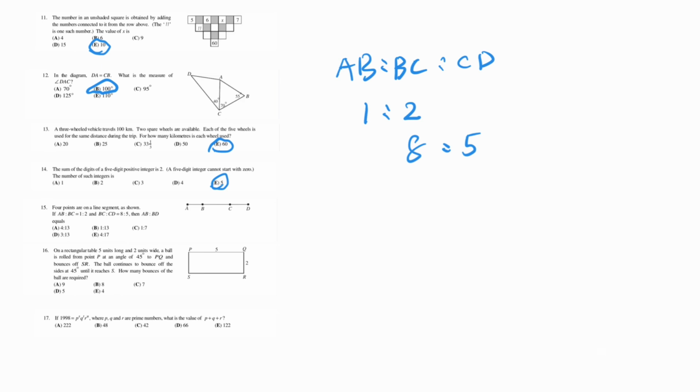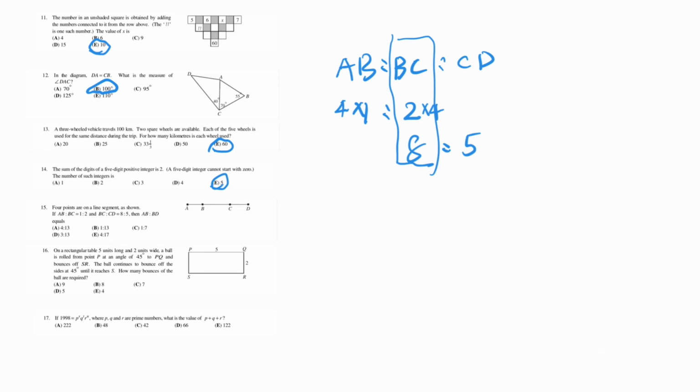So we already have the ratio here. In the first ratio, AB to BC is 1 to 2, and BC to CD is 8 to 5. I use the LCM to rewrite the BC. The first ratio times 4 gives us the 8, so the AB must be times 4.